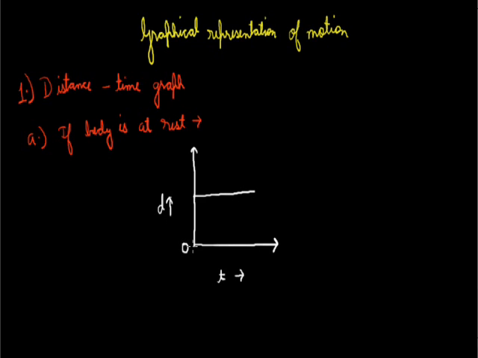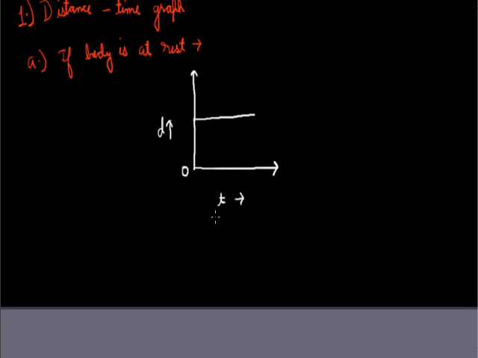According to this graph, the body is at some distance with respect to the reference point or the origin, that is O, and at that distance it is at rest. It is not moving with respect to time. So in the distance time graph, for a body which is at rest, we obtain a straight line that is parallel to the time axis.